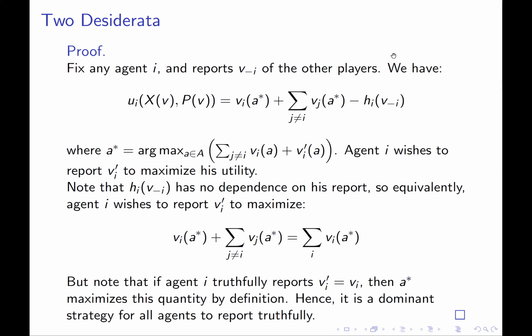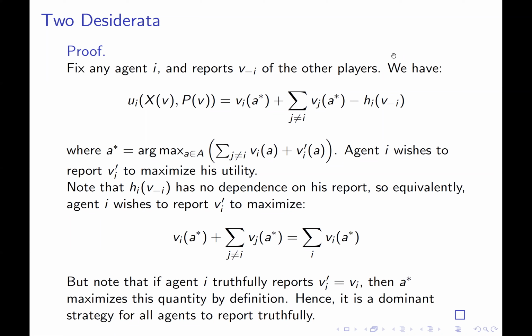What the payment rule has done is it has made person I's utility function equal to the sum of person I's true valuation function plus everybody else's reported valuation function. And what that has done is it's entirely aligned the incentives of the mechanism designer and of agent I. Agent I wants to maximize exactly the thing that the mechanism will maximize if agent I reports truthfully. It's a good question. Any other questions?